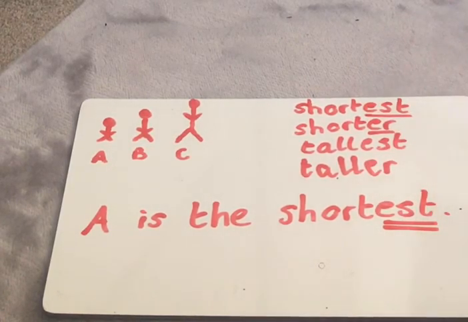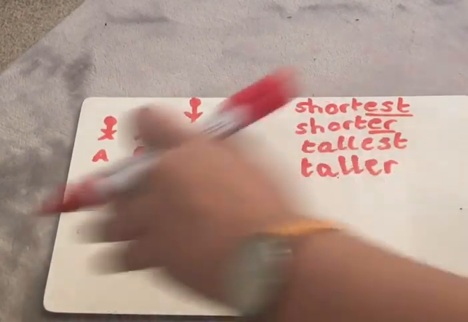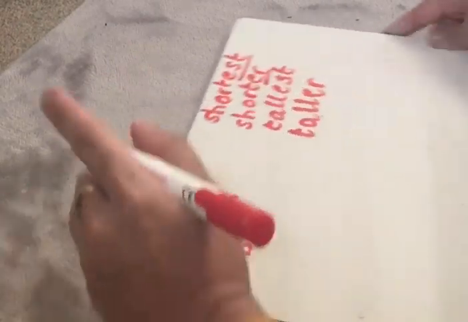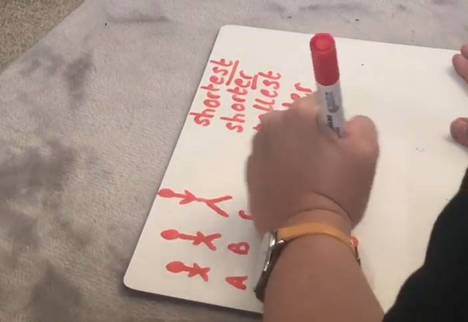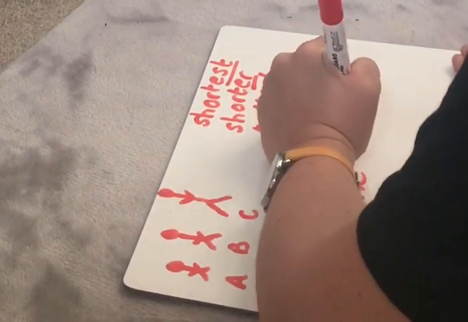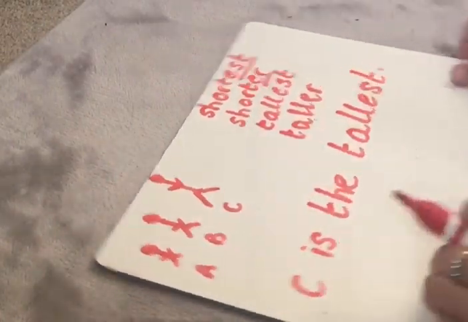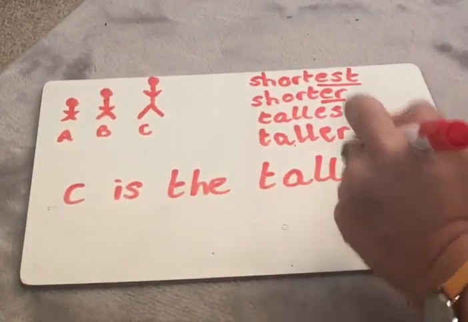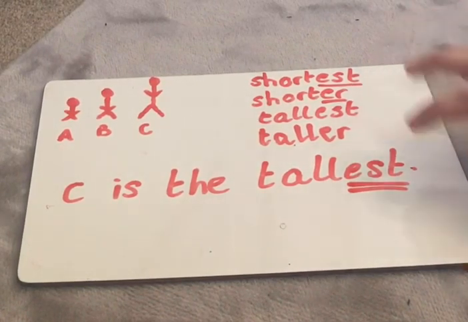Okay, so there's no one shorter than person A, is there? And we could also use it for being tall. So, who's the tallest? C is the tallest. There is no one taller than them. So it just means the most of something. Yep. So these two are really nice.